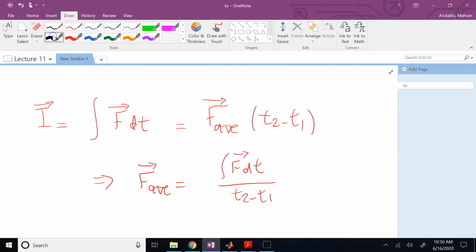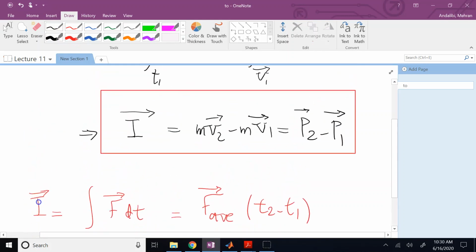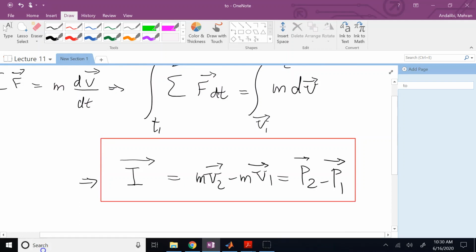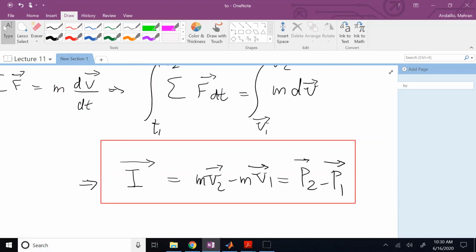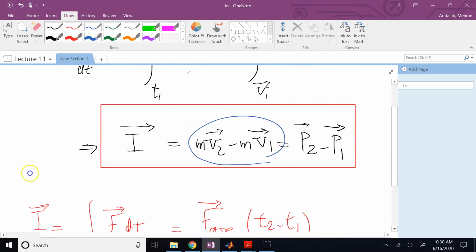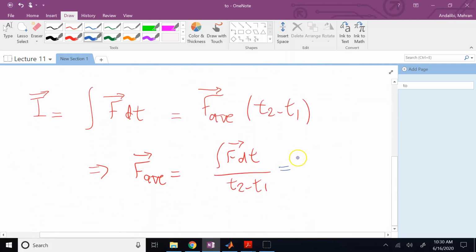That curve does not exist here, so we cannot calculate the area under the curve. But from this principle, we know that this area under the curve is equal to what? mv2 minus mv1. So instead of that, I can calculate mv2 minus mv1 divided by t2 minus t1.